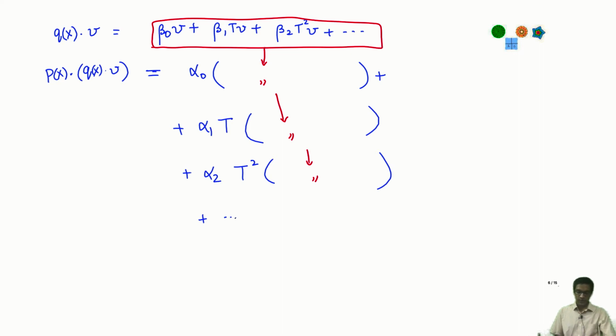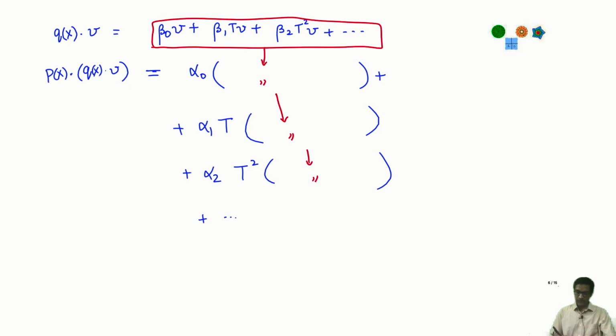So that's my right hand side. p(x) acting on q(x) of v is just alpha naught of this whole thing plus alpha 1 t acting on that whole thing plus alpha 2 t squared acting on that whole thing and so on. Now let's take one representative term and see what's going on, and that will tell us what to do in general.